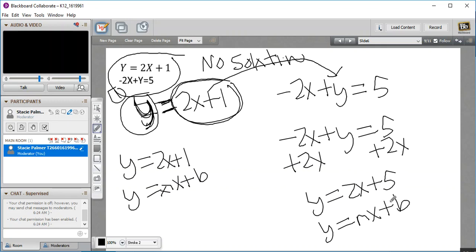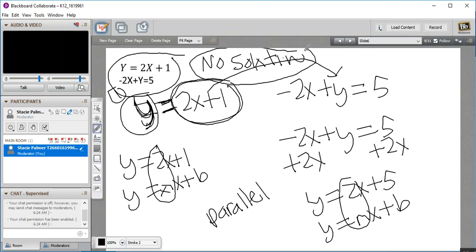We can see that these two lines have the same slope. And anytime two lines have the same slope, they're going to be parallel lines and they will never cross each other. So that's why we know there is no solution. There's no point that is on both this line and this line.